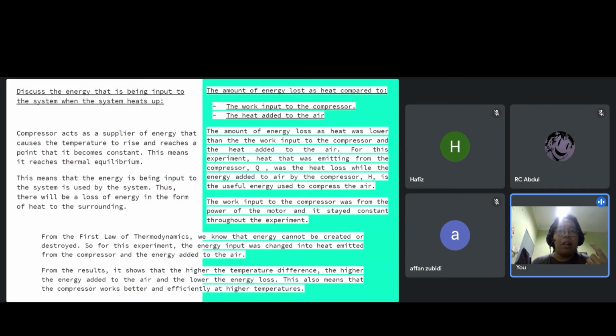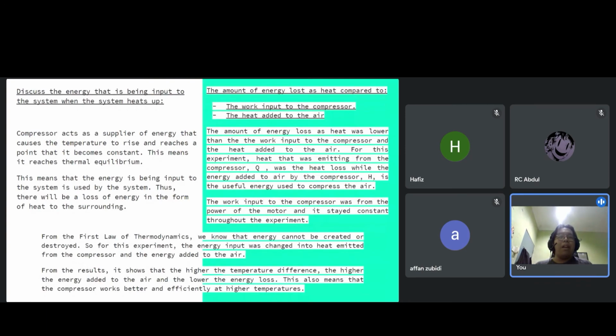So the last part would be discussing the amount of energy loss as heat compared to these two things, which are the work input to the compressor and also the heat added to the air. The amount of energy loss as heat was lower than the work input to the compressor and also the heat added to the air.